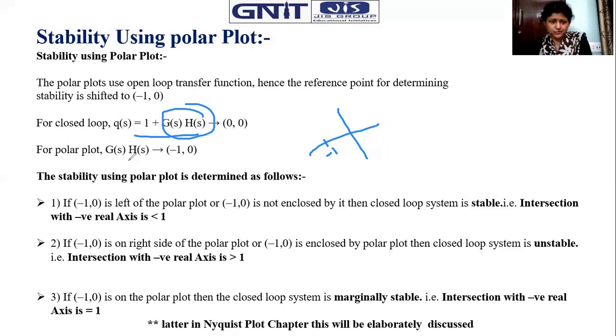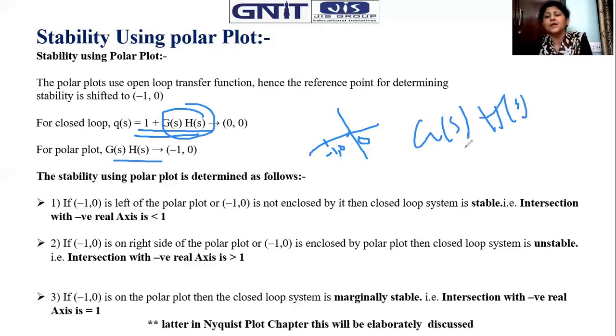G(s)H(s) has its center at the origin, and the origin will be shifted to minus 1, 0 if we are considering 1 plus G(s)H(s) as a phasor. If the phasor is G(s)H(s), our origin is 0, 0. We are dealing with G(s)H(s) always, because 1 plus G(s)H(s) is an additional headache for the calculation.